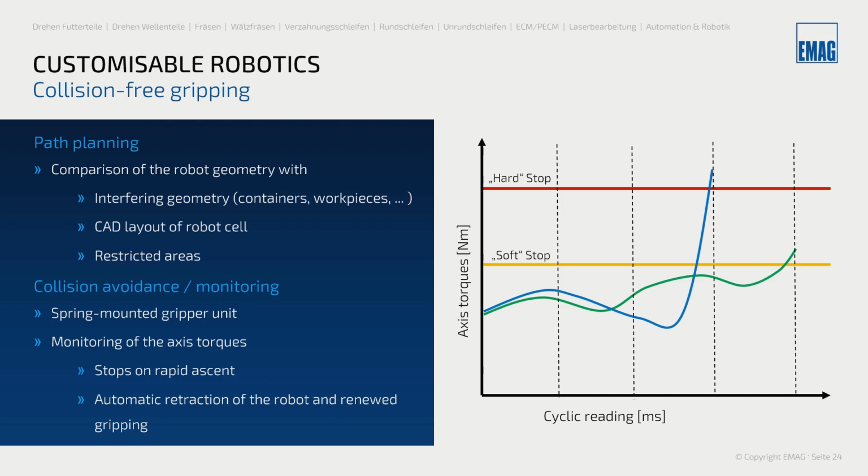But for example, if there happens any accident where the robot goes above the hard stop level between 2 cyclic readings, the robot will be set to a complete stop, and then you need to check manually whether there has been any damage. And if not, you can reset the robot on the HMI and it will stay in process.